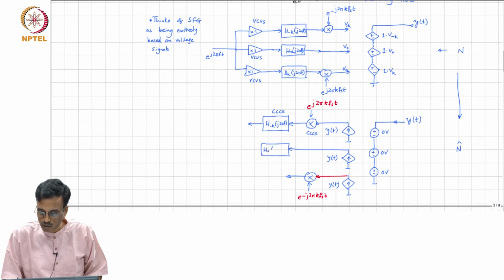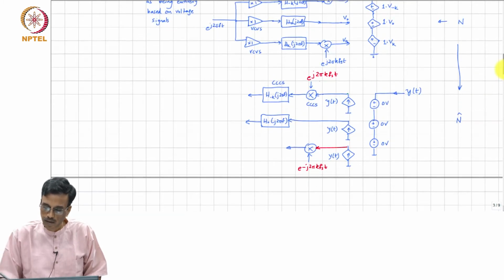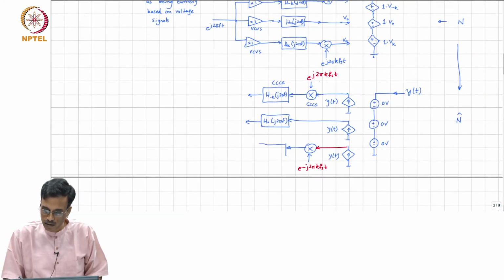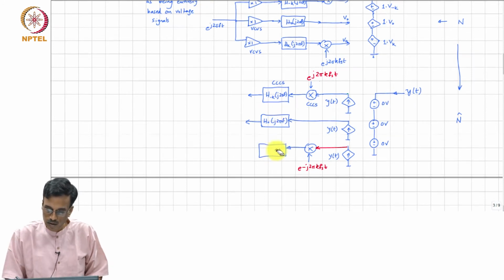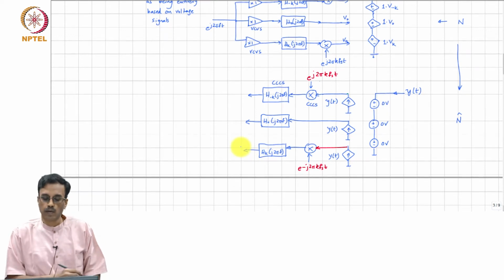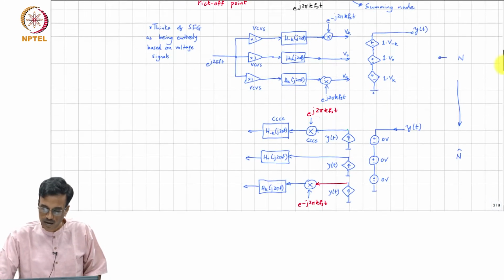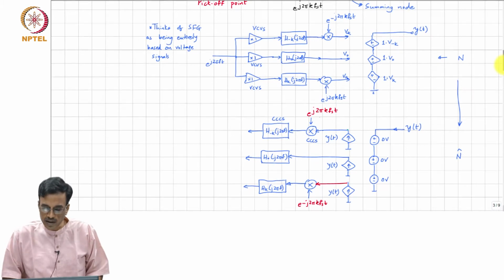This is h 0 of j 2 pi f. This is h 0 of j 2 pi f, h sub k of j 2 pi f, all right. And so, the output is a current.